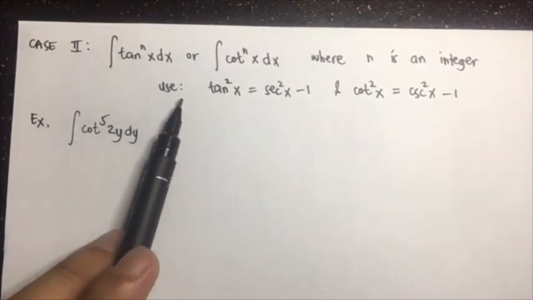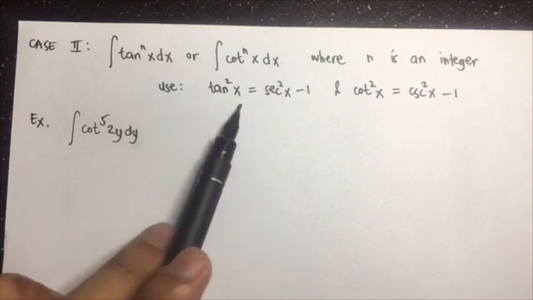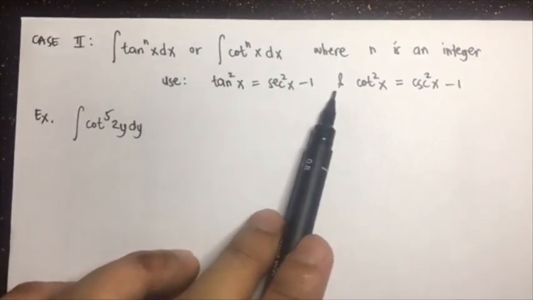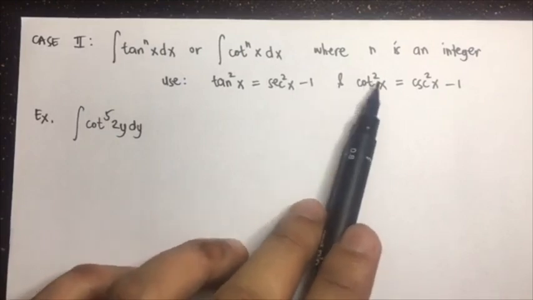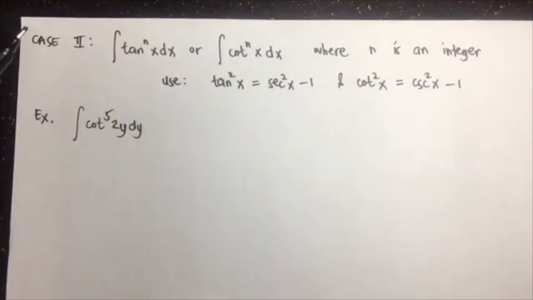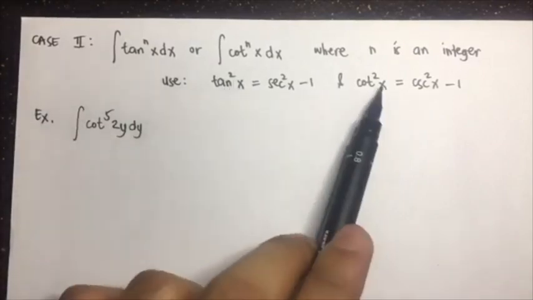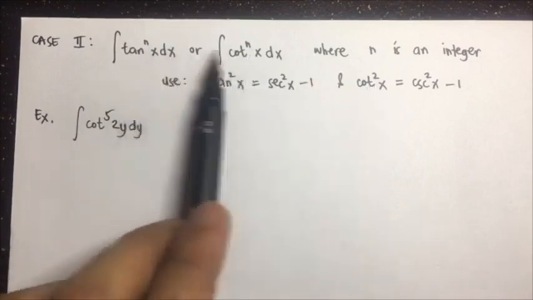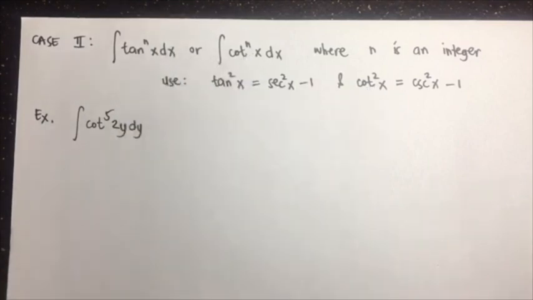Use the identities tangent squared of x is equal to secant squared of x minus 1, and or cotangent squared x is equal to cosecant squared x minus 1. Obviously these are even, so squared and squared.